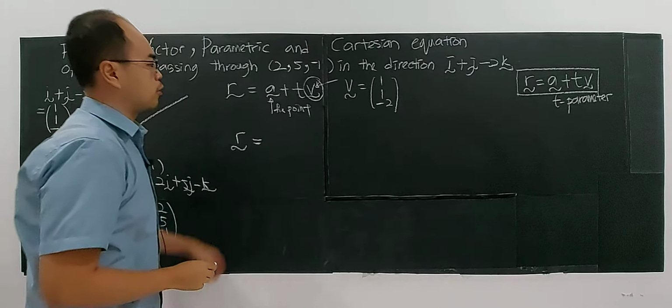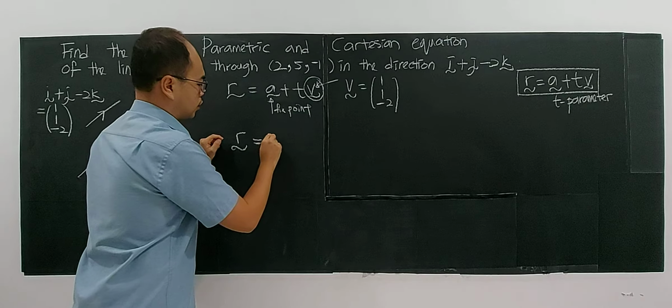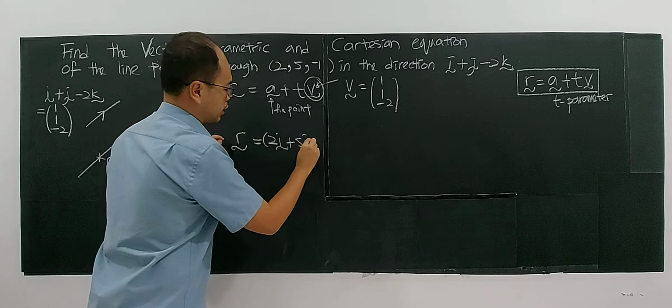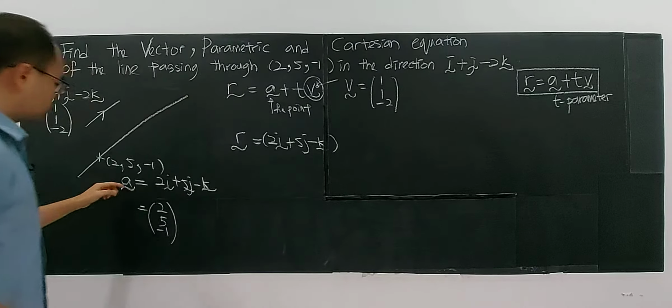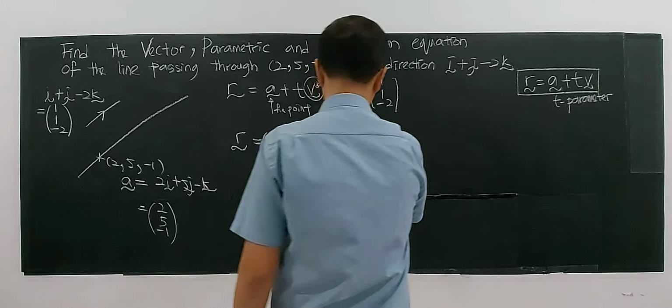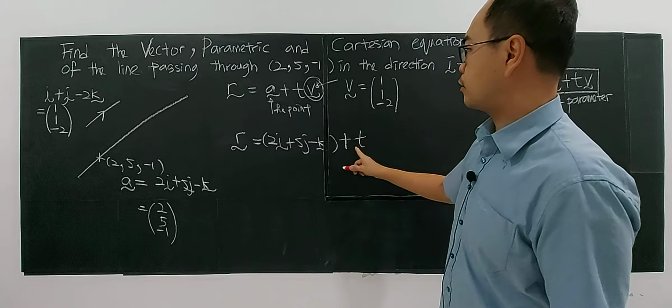So the fixed point 2, 5, negative 1, I can rewrite as 2i plus 5j minus k, plus the parameter t. Later I will tell you the meaning of t.